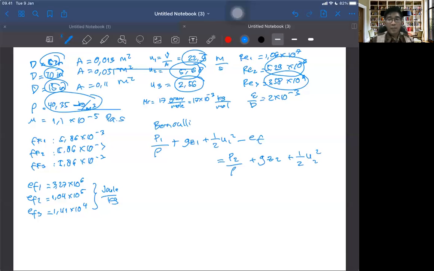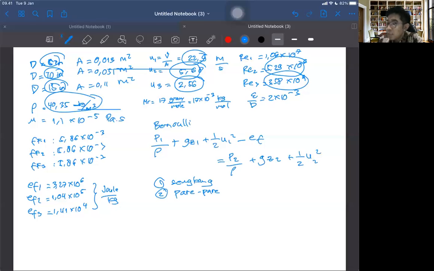Okay. My question now, this is the Bernoulli, and point one is Sengkang. Point two is Parepare.